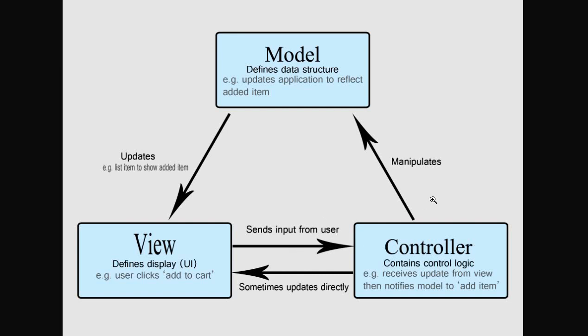The control logic receives the update from the view, and then it notifies the model to add the item to its data structure, and the model then finally adds that item to its data model and updates the application to reflect the added item through the UI. So this is how these three components interact with each other.